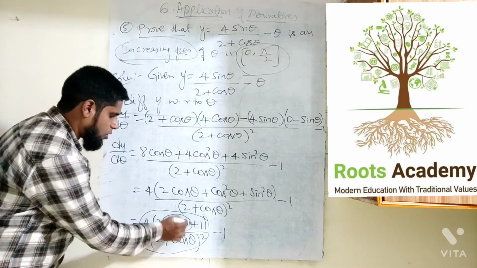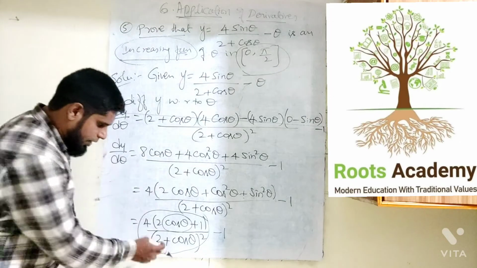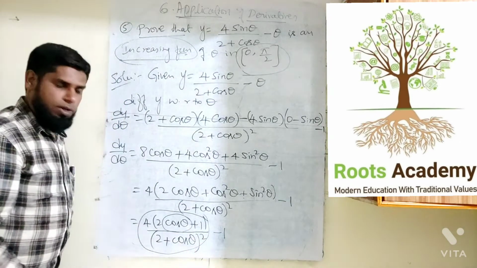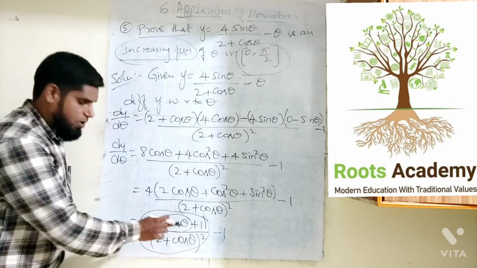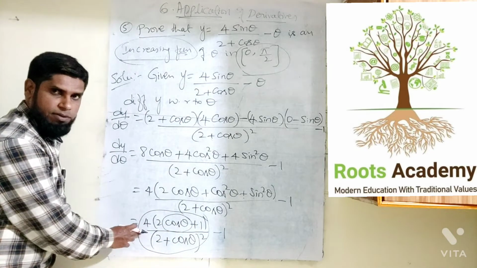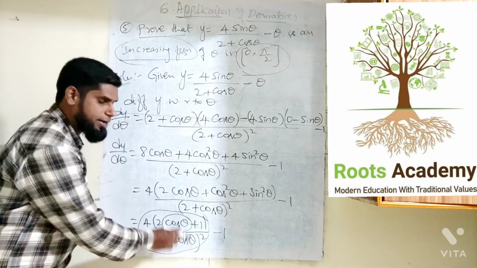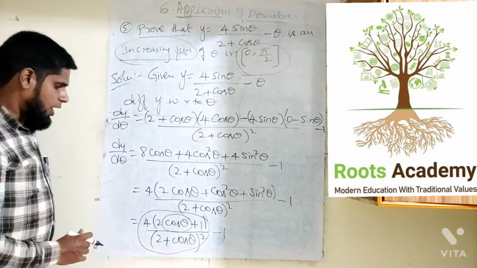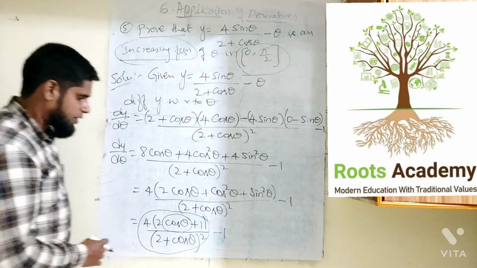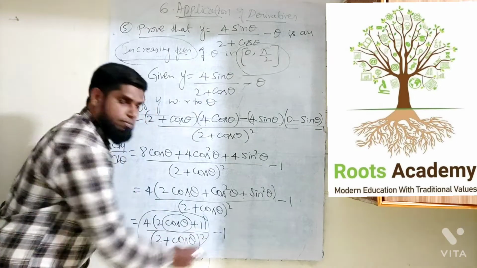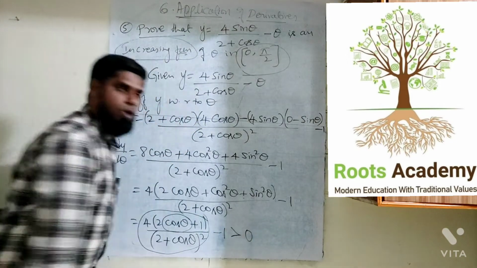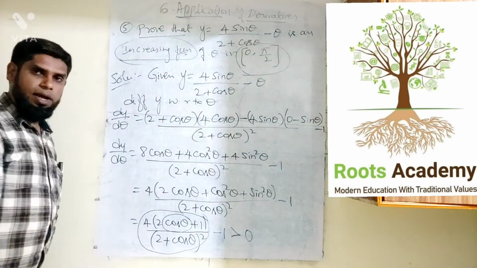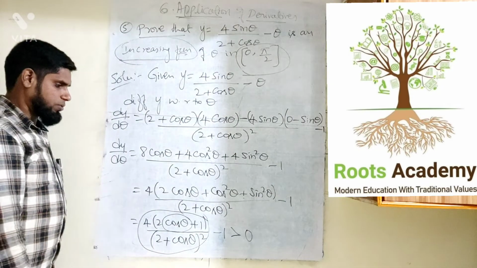Cos itself is positive here, and here also we will get a positive value. This complete positive value, after multiplying by 4, will be greater than 1. And that greater than 1, if we subtract this minus 1, is still greater than 0.